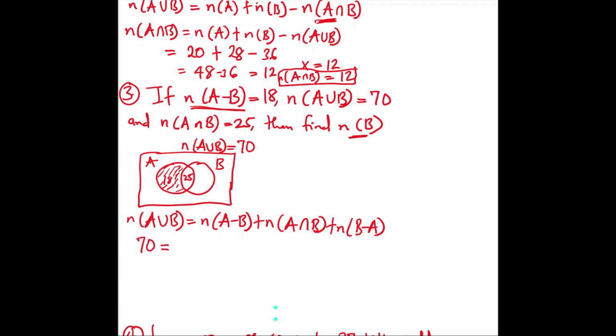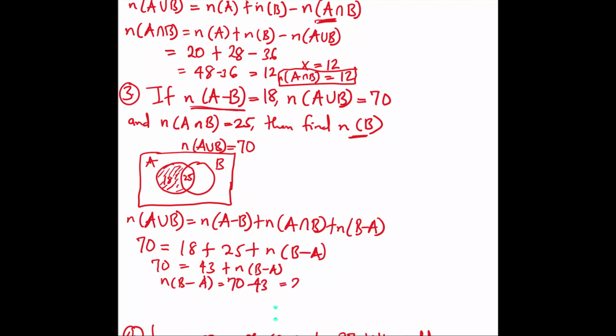A union B is 70, so we have 70 is equal to n(A minus B), which is 18, plus what is common between A and B, that's A intersection B, which is 25, plus n(B minus A). So 70 is equal to 18 plus 25, which is 43, plus n(B minus A). So n(B minus A) is equal to 70 minus 43. That will give us 27.